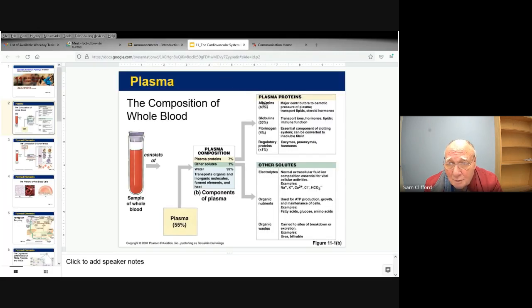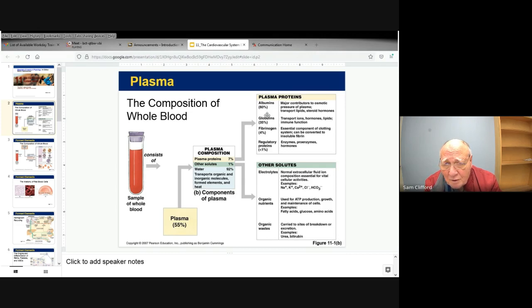So plasma proteins are albumins. It's a very high concentration, so that maintains osmotic pressure. Those albumin proteins stay in the blood, and you have globulins, which include hormones and transport of ions, lipids, and immune function. It's very, very important.